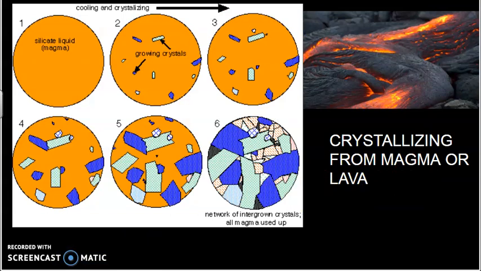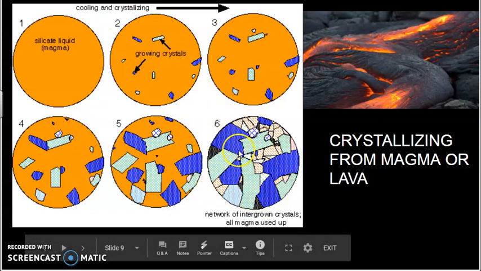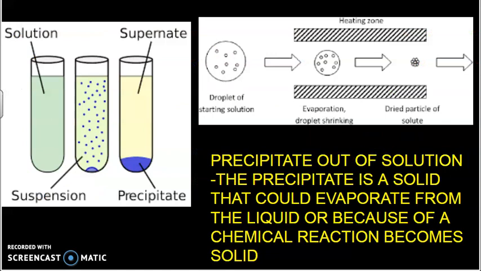It starts to cool, you get the growing crystals, which are the different minerals in the magma and lava, and they fill up and cool until they're completely cooled, and then that is when it becomes a crystal and is a mineral. The second way is you do have ions in solution, and eventually they could precipitate out by a chemical reaction, or they precipitate out because they evaporate away. Either way, it leaves you with a solid crystalline structure.